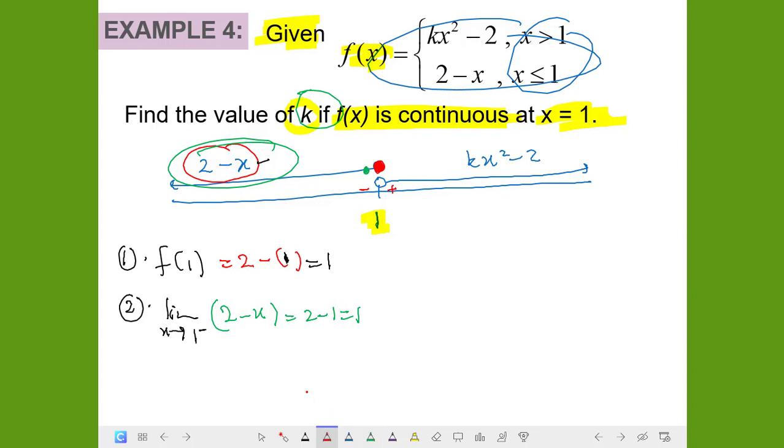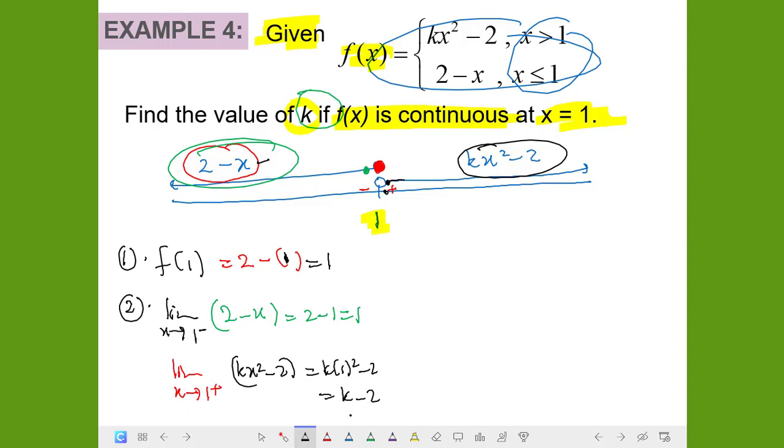So that's why we should take x approaches 1 from the right. The point lies on this line, so we take the function kx squared minus 2. Substitute: k times 1 squared minus 2 is equal to k minus 2.